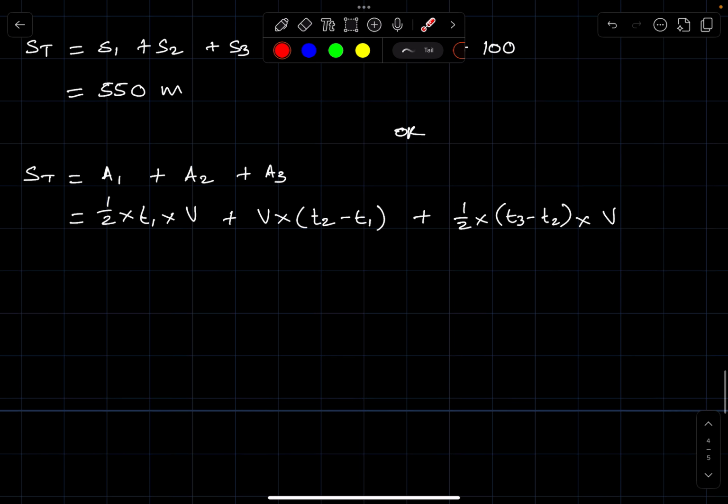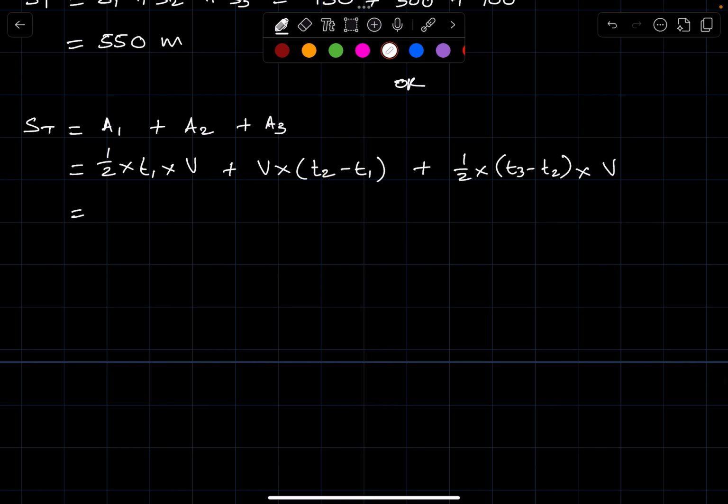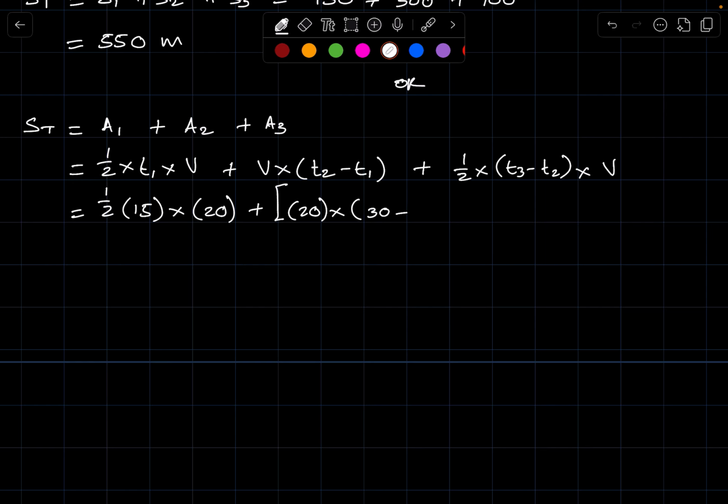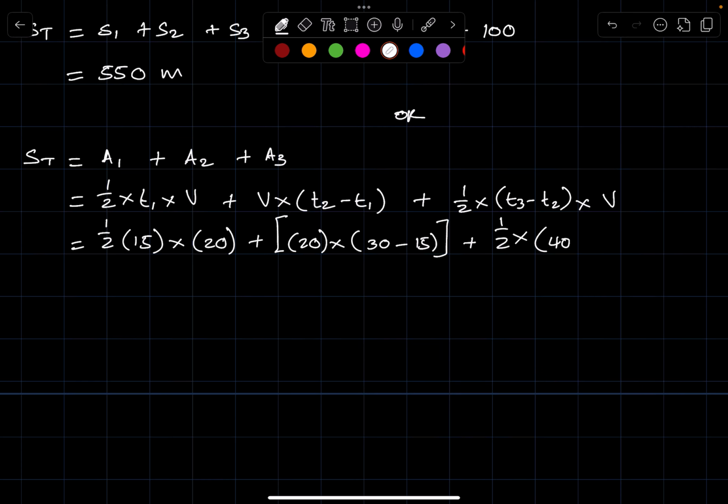Now all you do is substitute. So you have half t1, which is 15 seconds, times v, which is 20, plus v, which is 20, times t2, which is 30 seconds, minus t1, which is 15, plus half times t3, which is 40, minus t2, which is 30, times v, which is 20 meters per second.